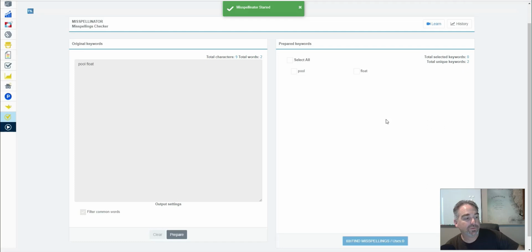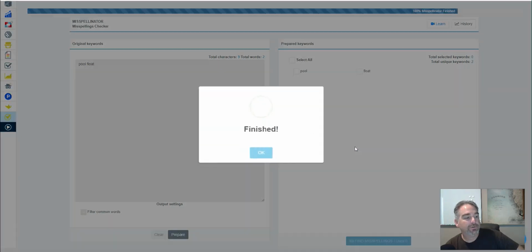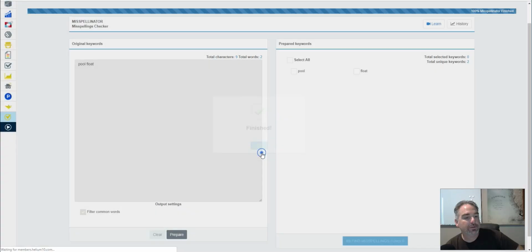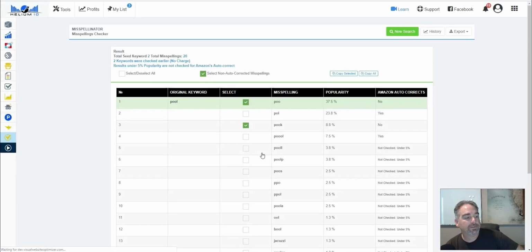What this is going to do is go out and search Amazon for these words, and see what the misspellings are. It's going to check all the variations that people type in when they misspell these keywords. And then it's going to give us some numbers on how many times that happens on average. So let's take a look at that.